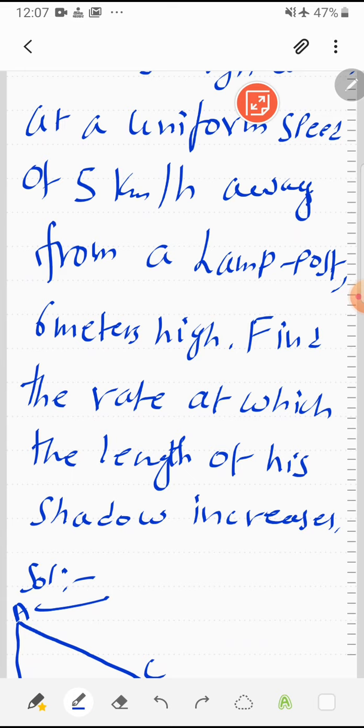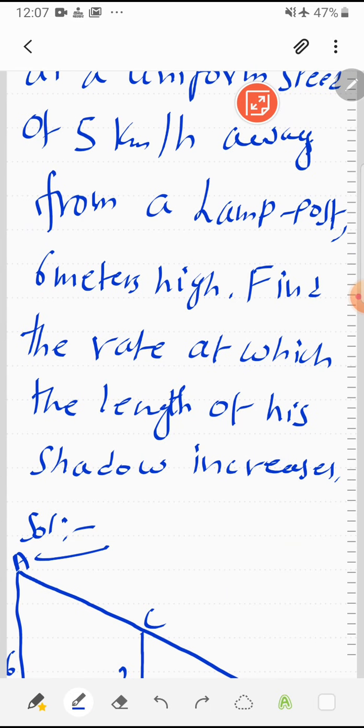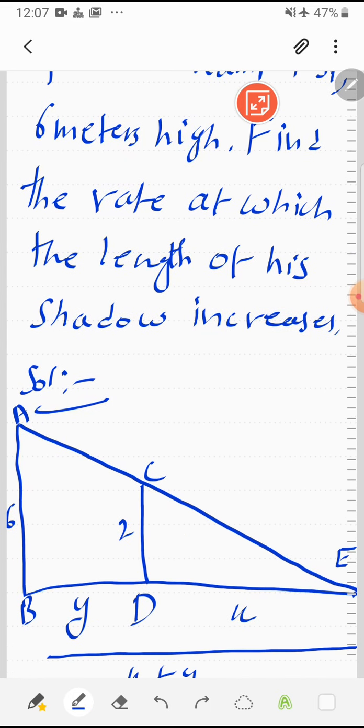Now let us draw the diagram depicting this situation. So AB is the lamp post, which is 6 meter high. CD is, suppose, the person who is 2 meter high. BD is the distance of the person from the lamp post, which is given the symbol y, and DE is the length of the shadow, which is given the symbol x.